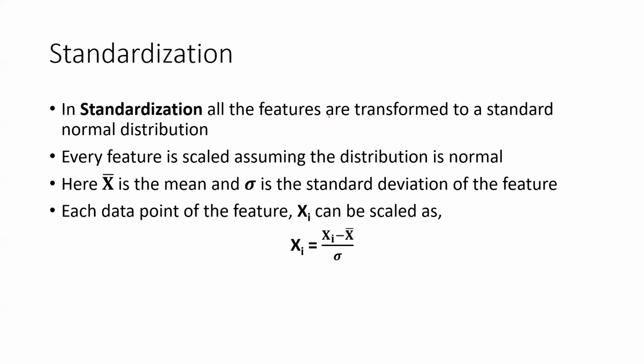The second way of scaling is known as standardization. I think you guys know about normal distributions, right? Standardization is also standardizing the x variables, standardizing the features. The best example is our university entrance.